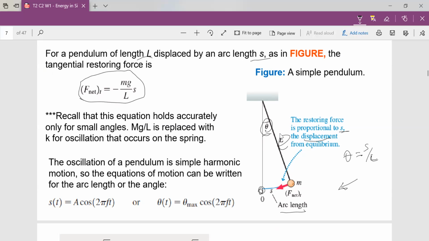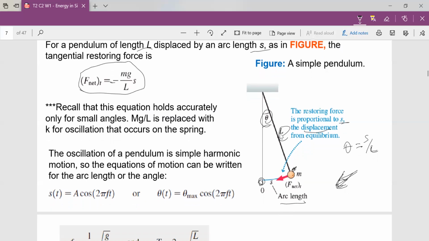It can only go further to the displacement position and goes back. We use minus because the net force is going in the minus direction, so minus mg over L s. This equation is not new, we've seen it before.